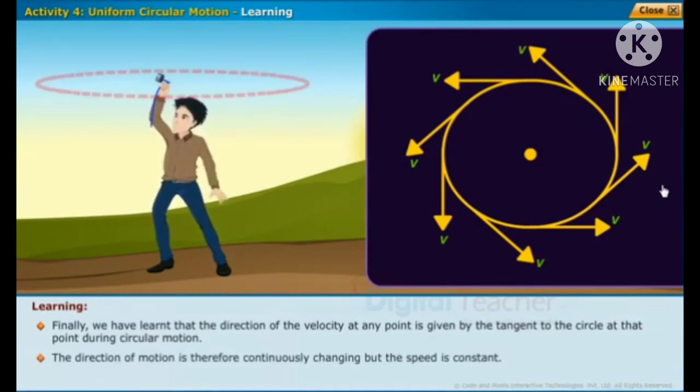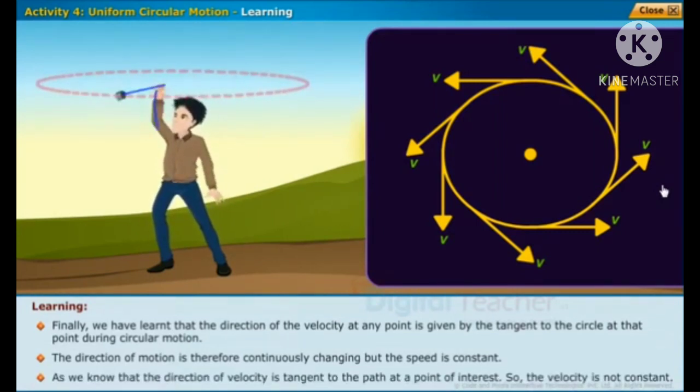The direction of motion is therefore continuously changing, but the speed is constant. As we know that the direction of velocity is tangent to the path at a point of interest, the velocity is not constant.